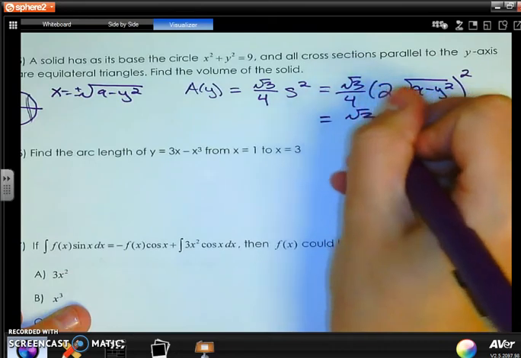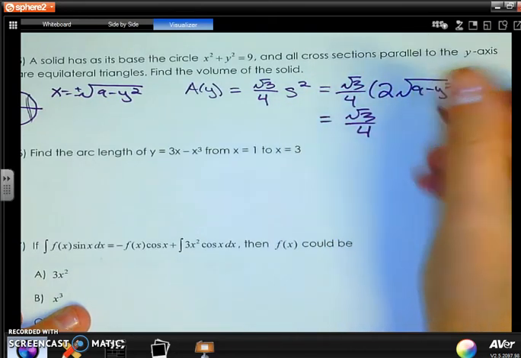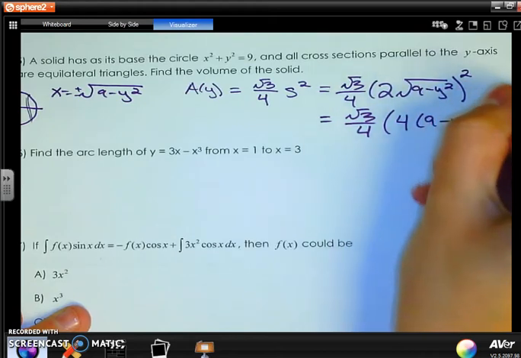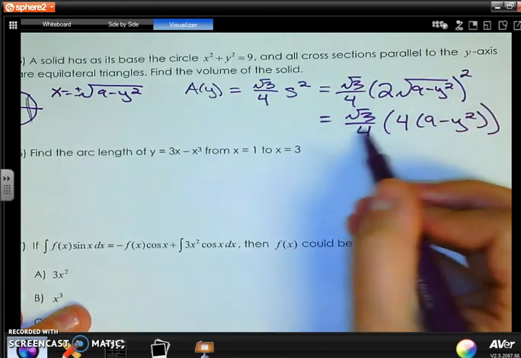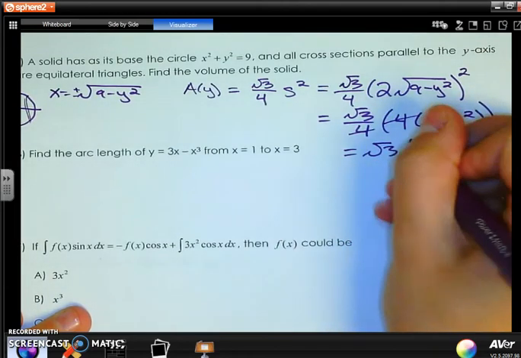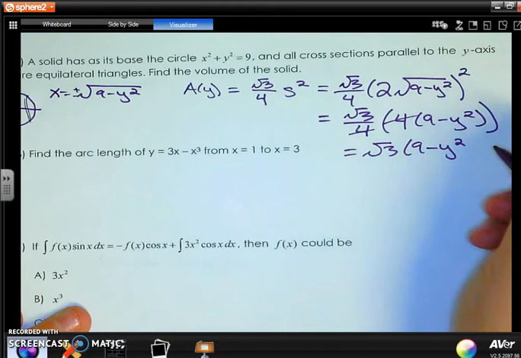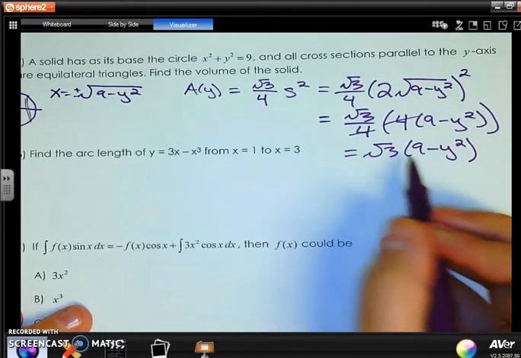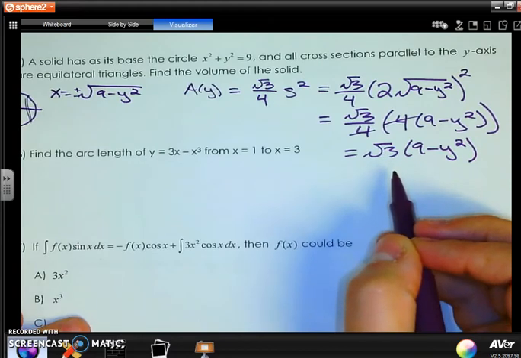So when you go to clean it up, it'll be 4 times 9 minus y squared like this. This 4 and that 4 kill each other, and you're just left with radical 3 times 9 minus y squared. Okay? What do you do with that? That is what you're going to go and integrate into the volume formula.